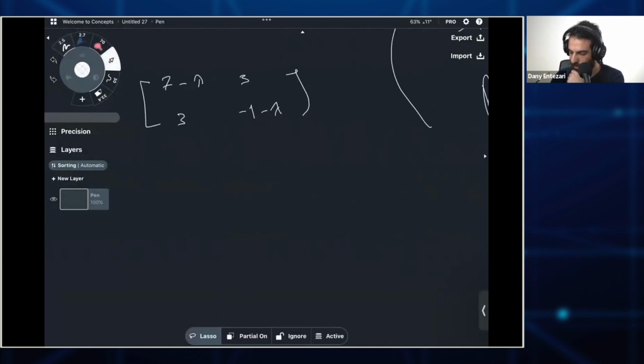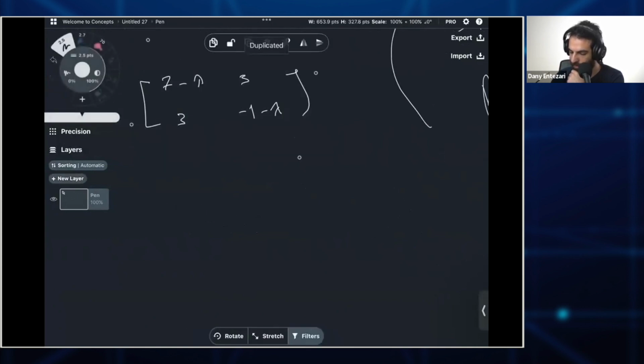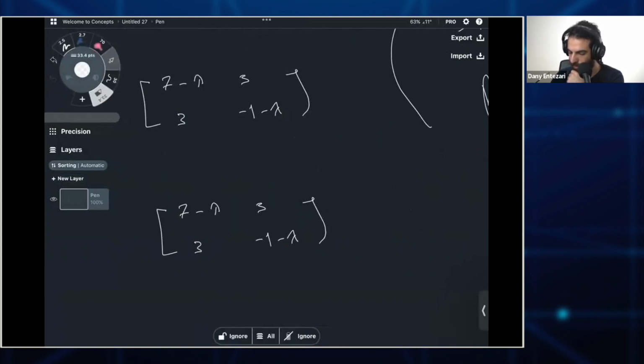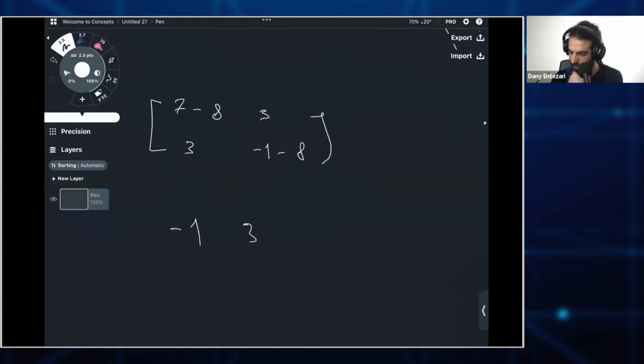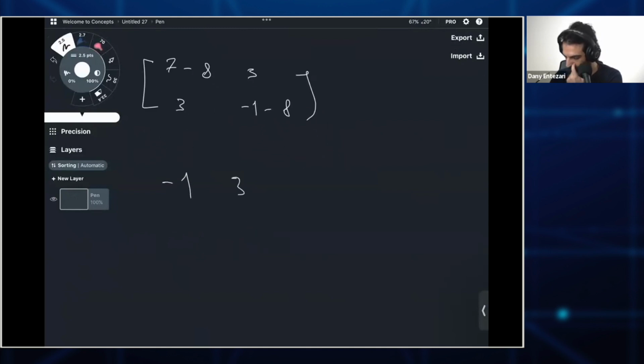So I'm going to copy this and replace lambdas with 8. We have 3, 3. This is 3, and this is negative 9. Okay, let's do that.